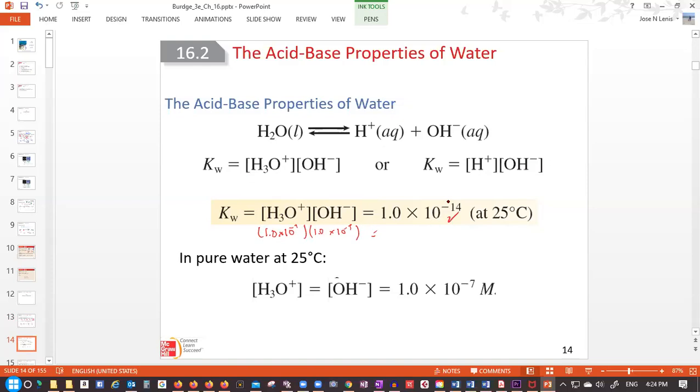And these are constants for pure water. Very important constant, the Kw of water, which is the dissociation constant or auto-ionization constant of water. Very important value to take into account. It will help us to solve pH problems.